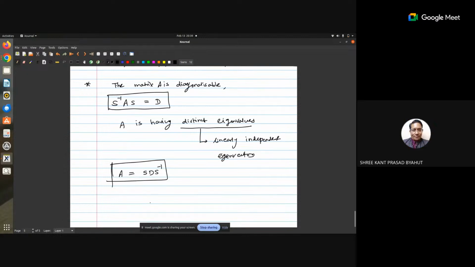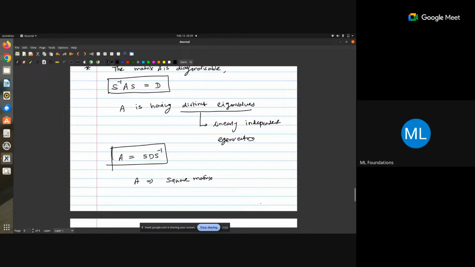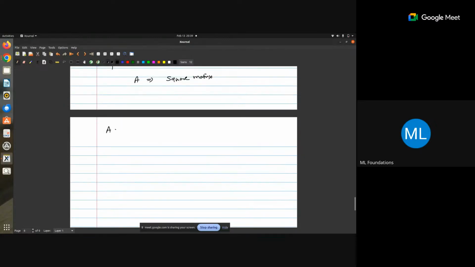That is the first condition. The second condition, which is also a necessary condition, is that all eigenvectors are linearly independent.